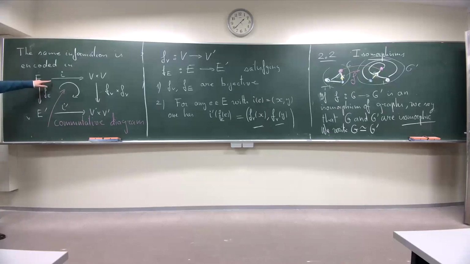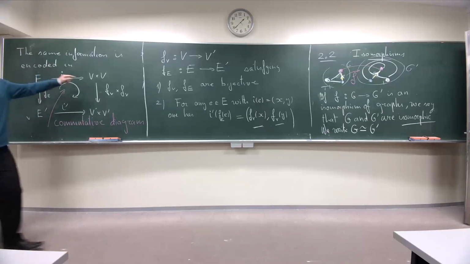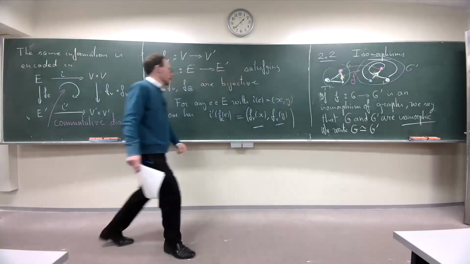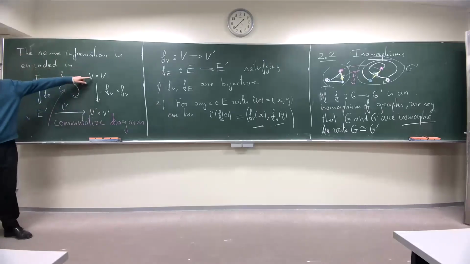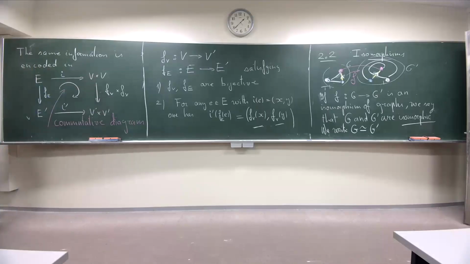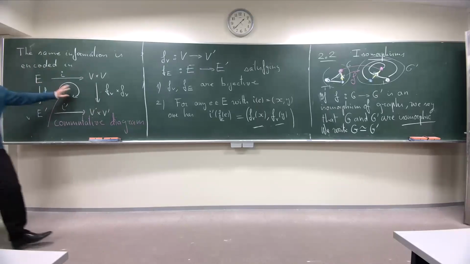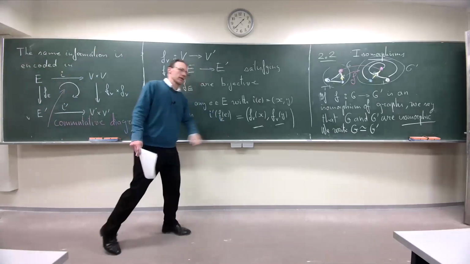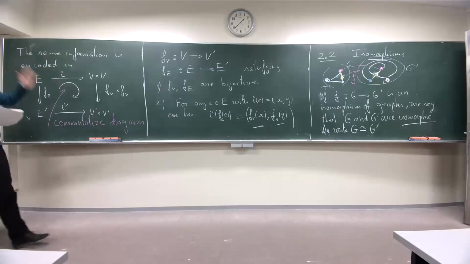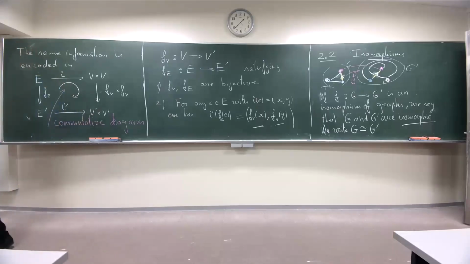I first apply I, it's encoded here, so I get X and Y, and then I apply to X and Y these 2 copies of Fv, and I have an equality. So this saying that this diagram is commutative is exactly saying this. It's the same thing. All right? So this is the notion of isomorphism of graph, or 2 graphs are isomorphic.